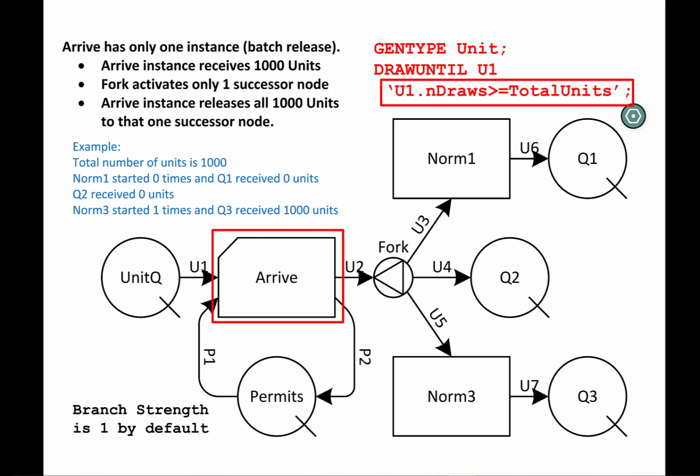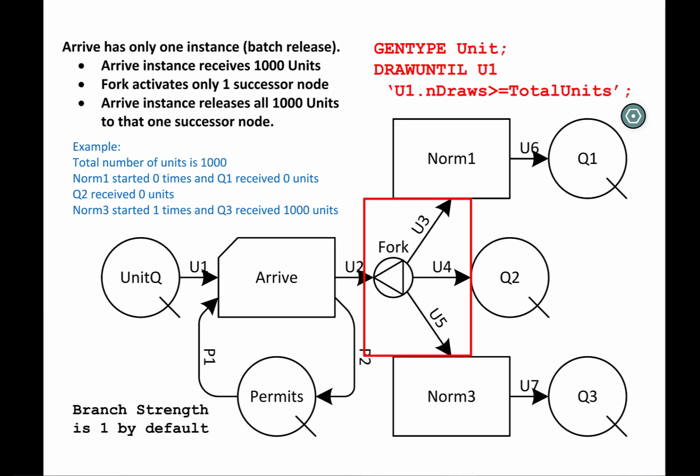As a result, the first instance of combi arrive will receive all 1000 units that have been initialized into unit queue. When the first instance of activity arrive terminates, it will send a message to the fork, which will then send a message to one of the outgoing links depending on their strengths.